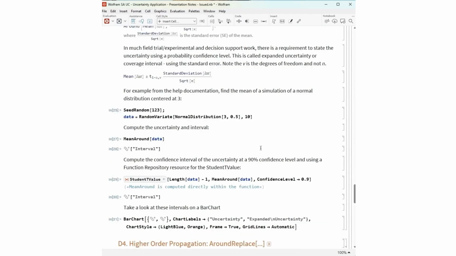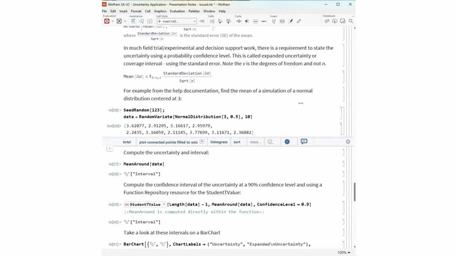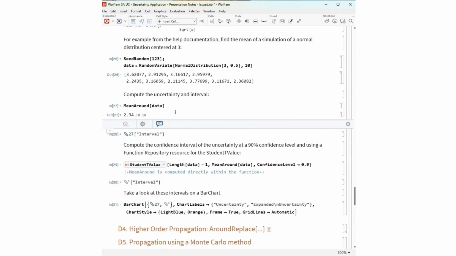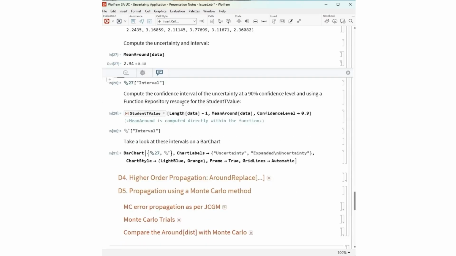For example, if I generate a list of some random data through the normal distribution, as shown here, then compute the MeanAround for that, the result is the mean and the standard error of that mean. So this 0.18 is the standard error.